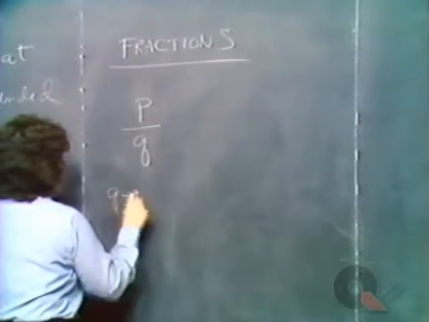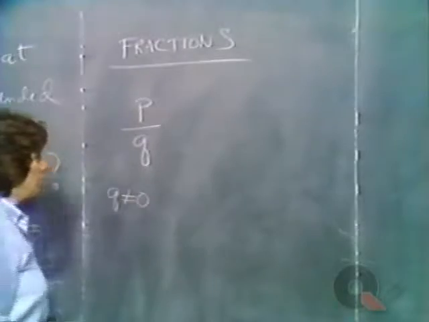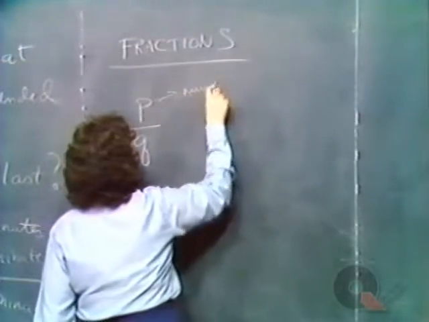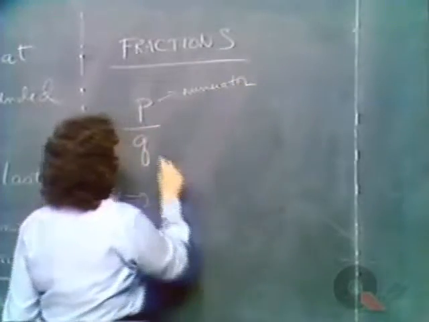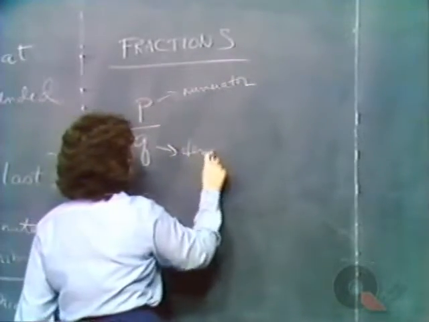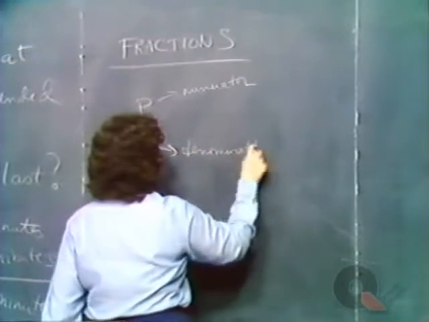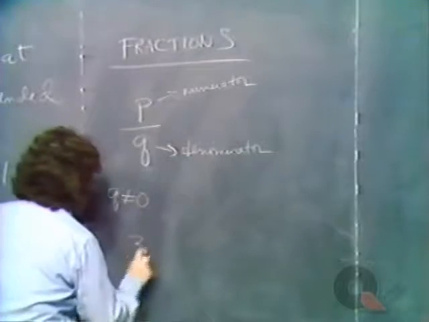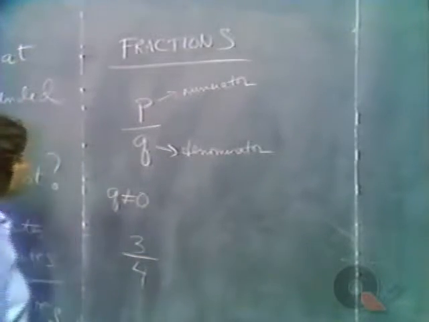We assume that the number on the bottom is not 0. The number on top we call the numerator, and the number on the bottom we call the denominator.